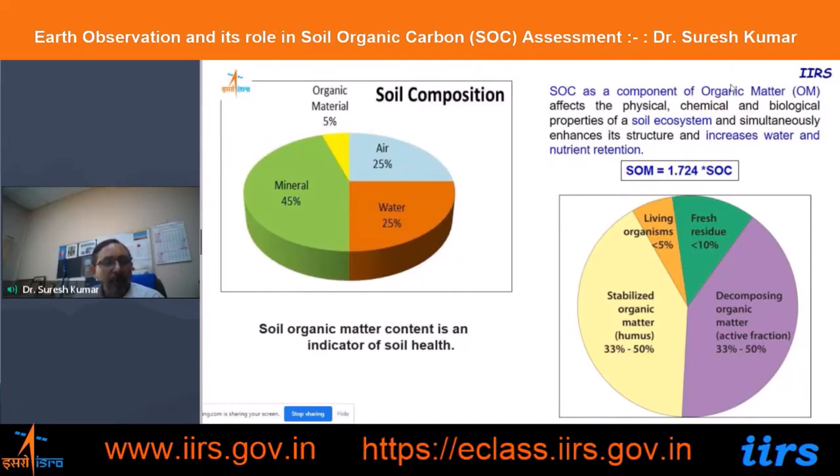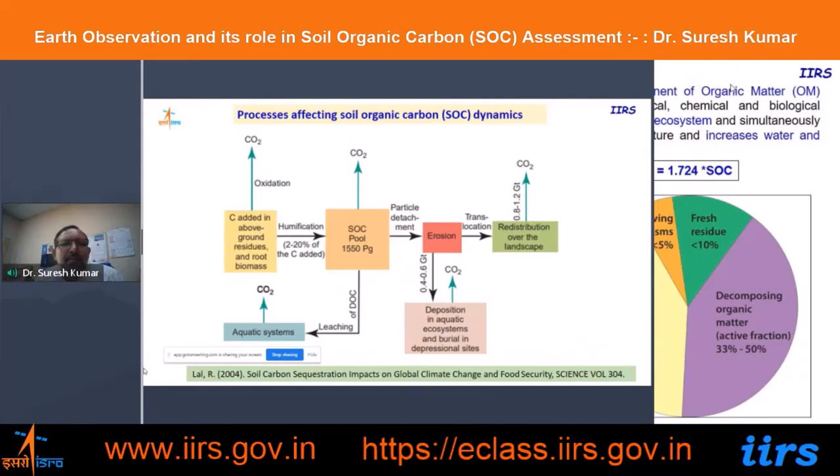This soil carbon also gets leached down, because when rainfall occurs and water tables are high, the carbon goes to the groundwater table and aquatic system, and from there, under anaerobic conditions, it gets released as CO2. That is the process affecting soil organic carbon dynamics.